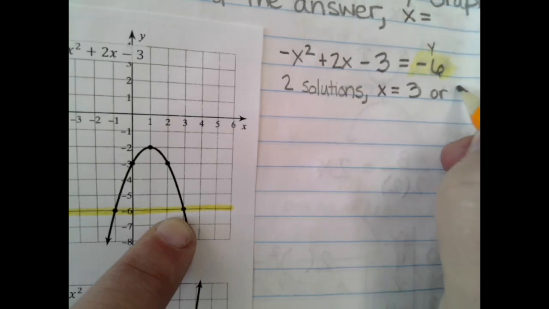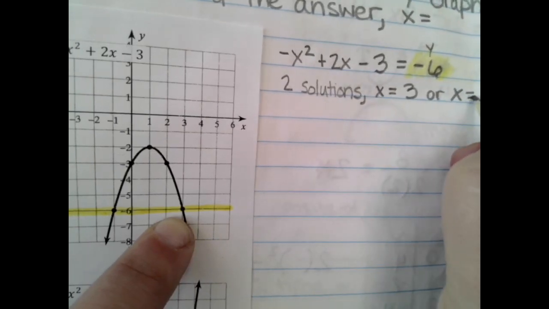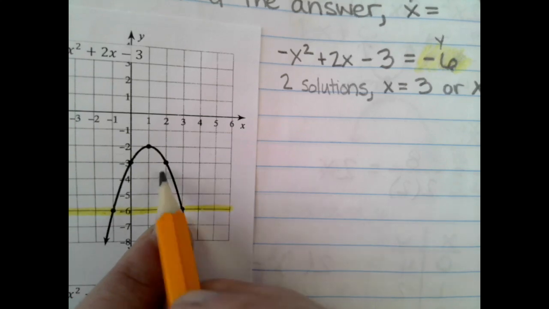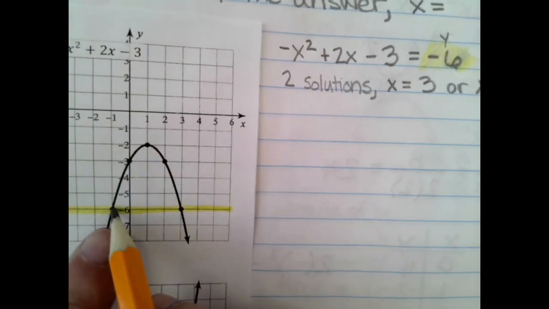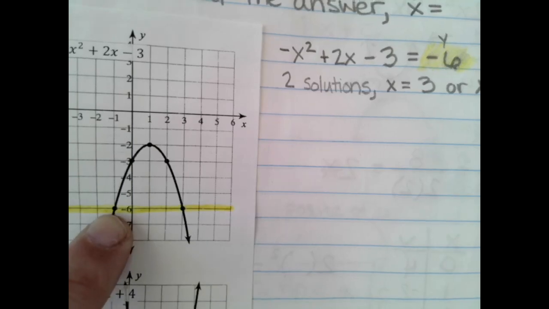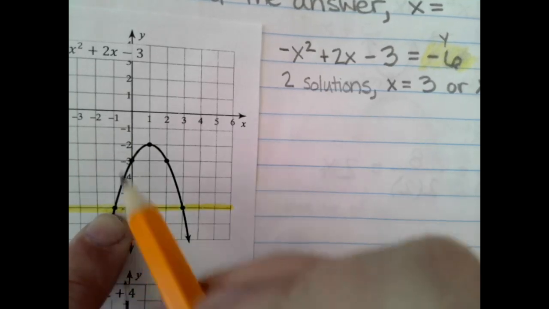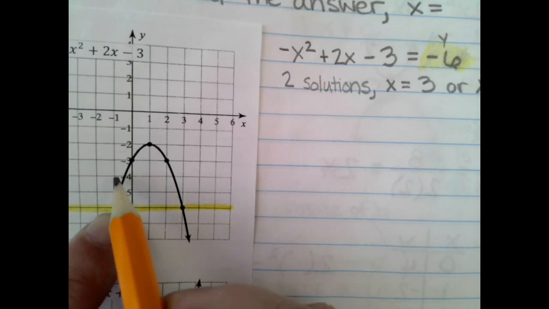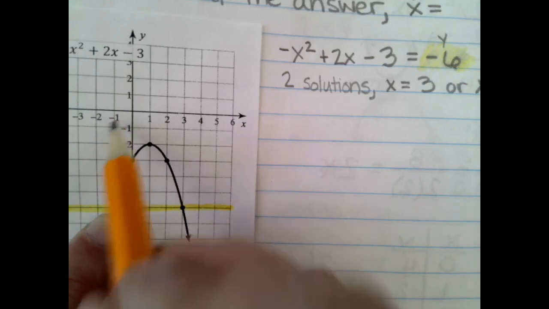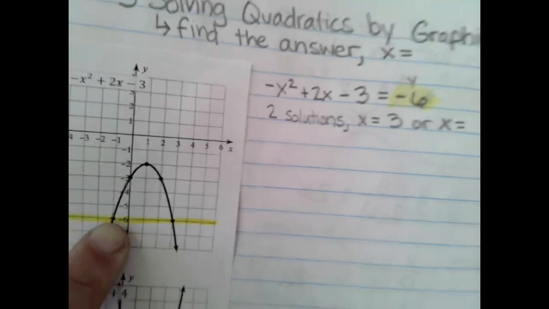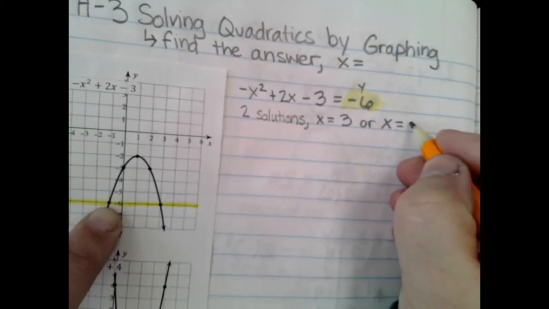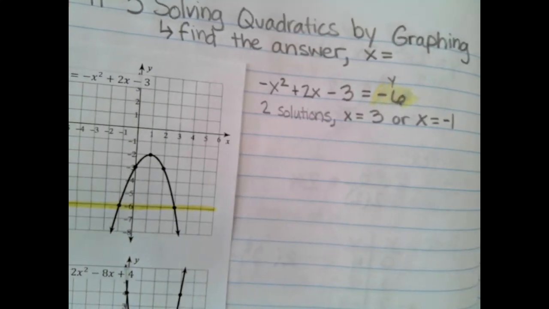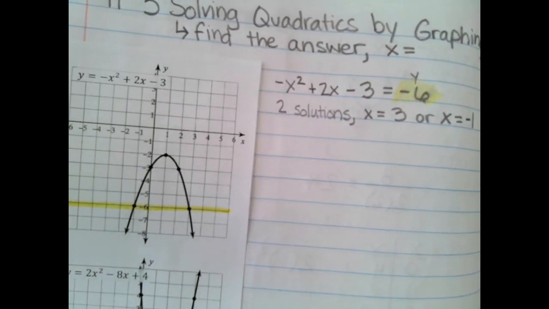Or, now we said there was 2 solutions, so we need to name the other one. So that was on this side. As I follow that parabola, it hits again on the other side. So I'm looking for the x that goes with this point. If I follow that point up, it hits at negative 1. So x equals 3 or x equals negative 1. And that's our answer.